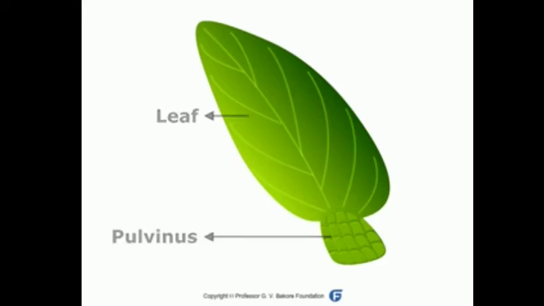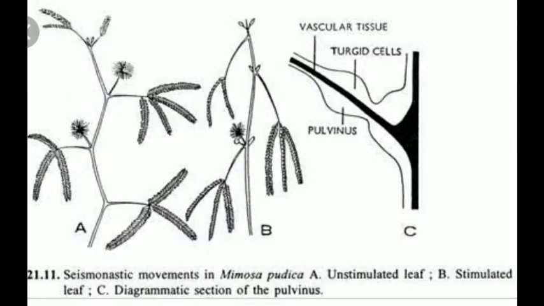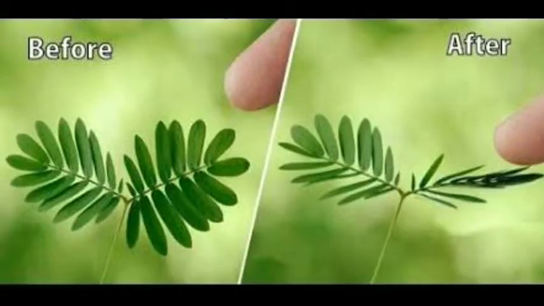This is a swollen area consisting of a large number of loosely packed parenchymatous cells, separated by a large number of intercellular spaces, and they fold and droop almost immediately when touched by anyone.